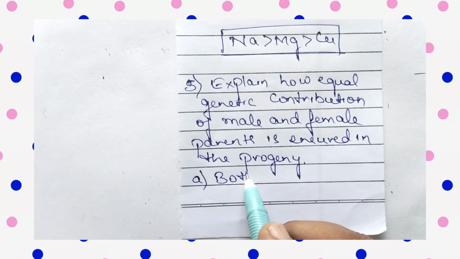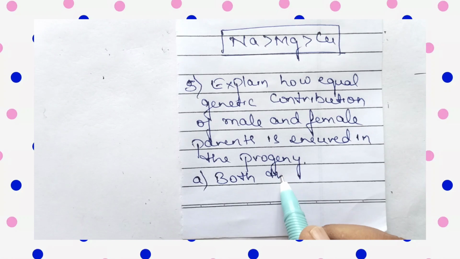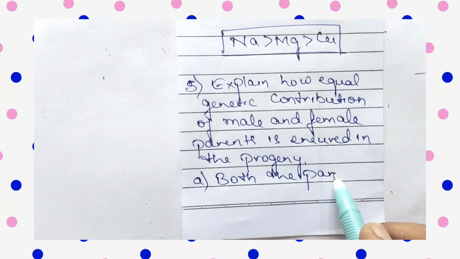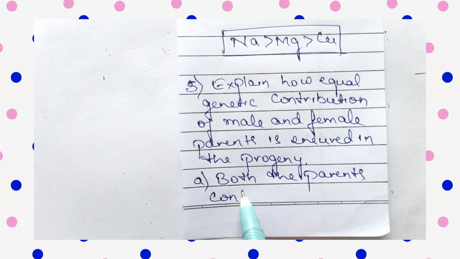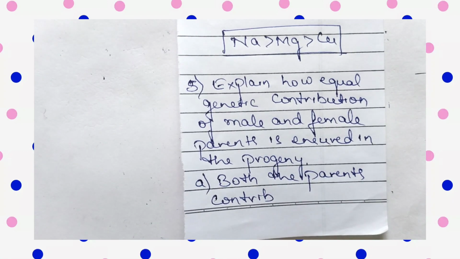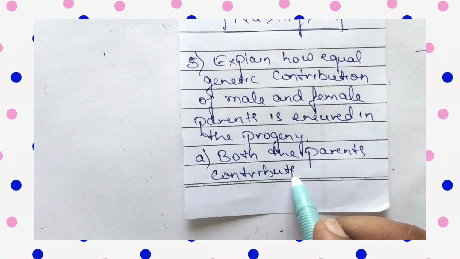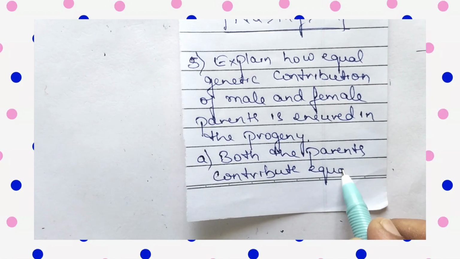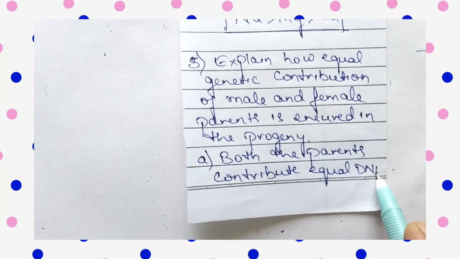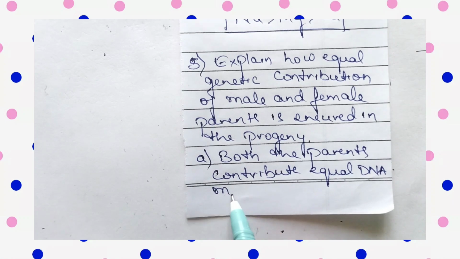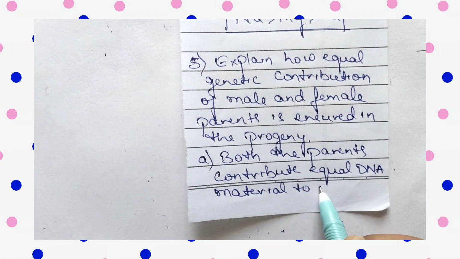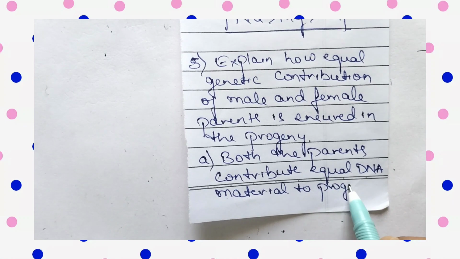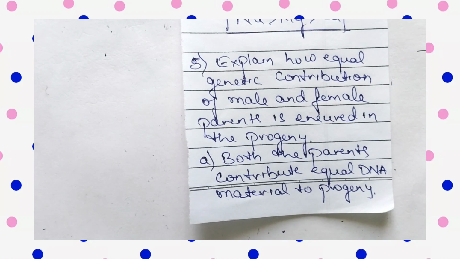So the first point is both the parents contribute equal DNA material to progeny. This is the first point.